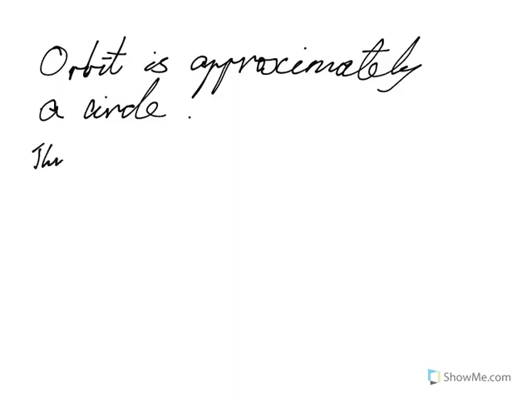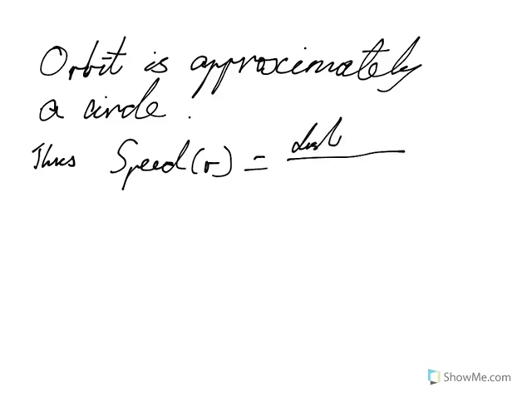What we know is the speed that the satellite would be going around, call it v, would be the distance that it travels over the time that it takes.